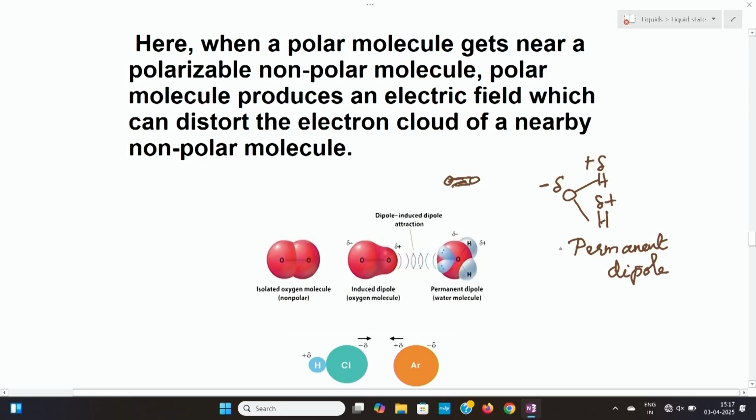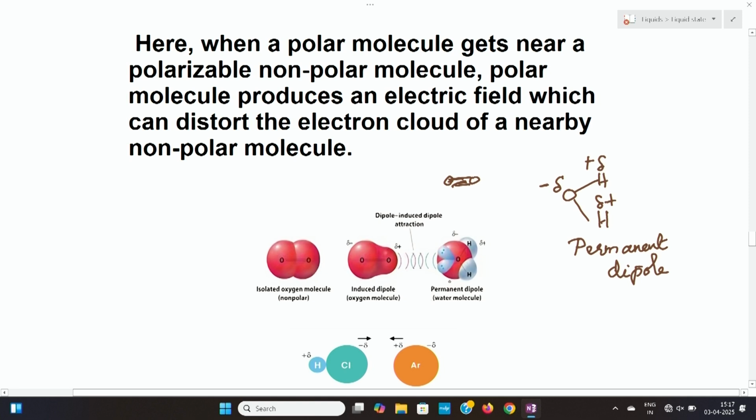Now, let us see how the interaction happens between this water molecule and this oxygen molecule. Here, the isolated oxygen molecule has an interaction with this permanent dipole.